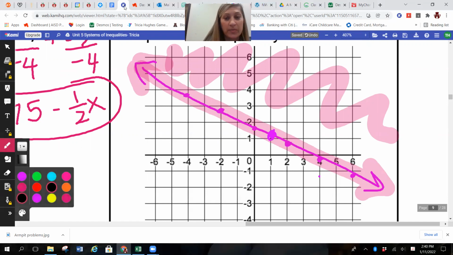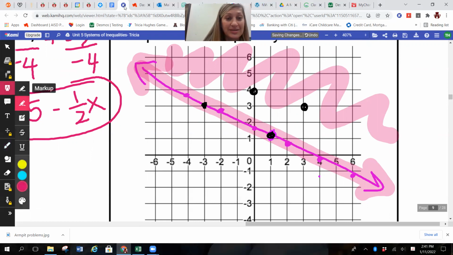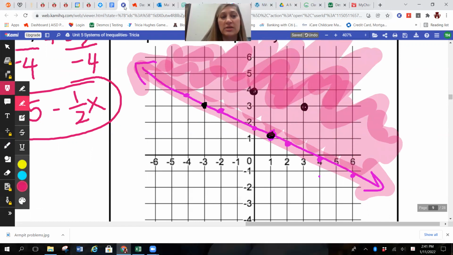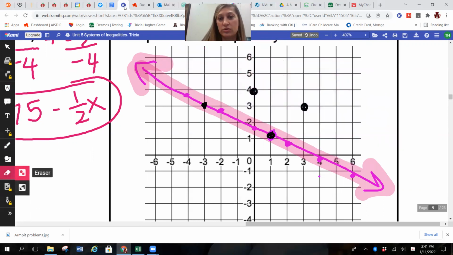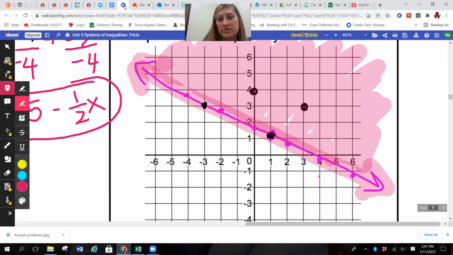Let's get black. You could be on the line. You could be in the shaded area. That is the solution set. Anywhere on the line or above it is the solution set.